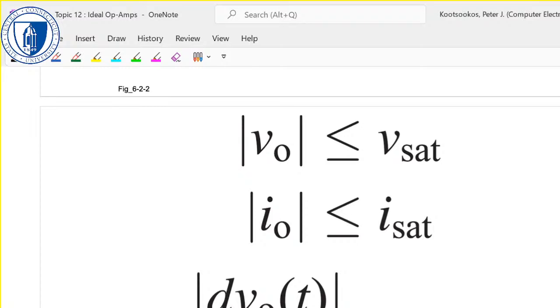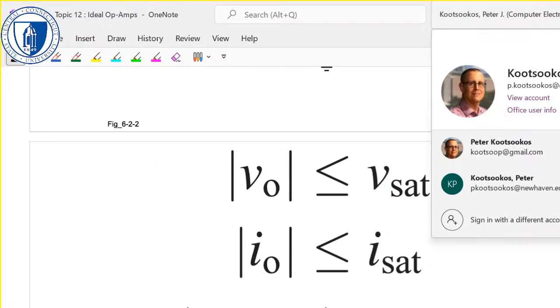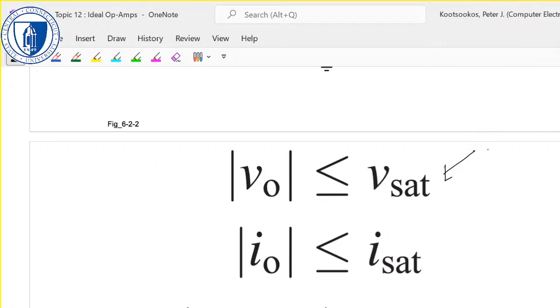So these are some of the real limitations. If you have a real op-amp, these are some of the real limitations. The first one, the output voltage is less than or equal to the saturation voltage. You might think about that.